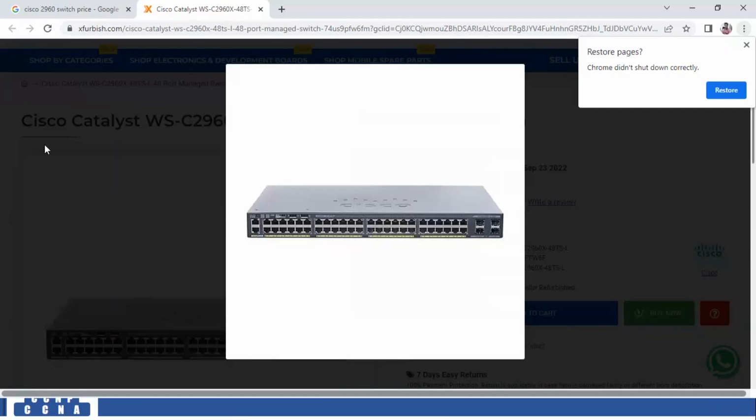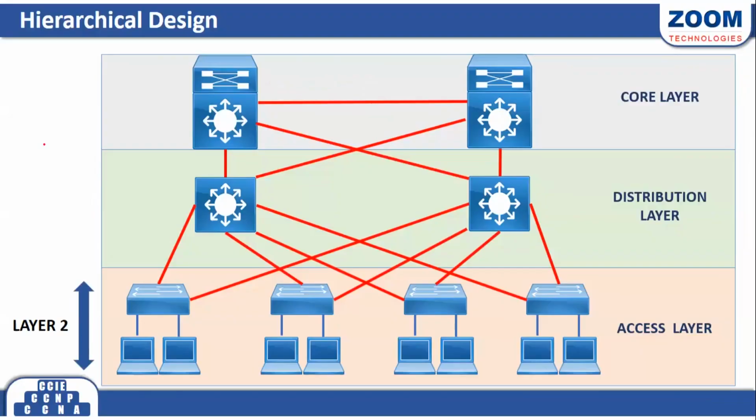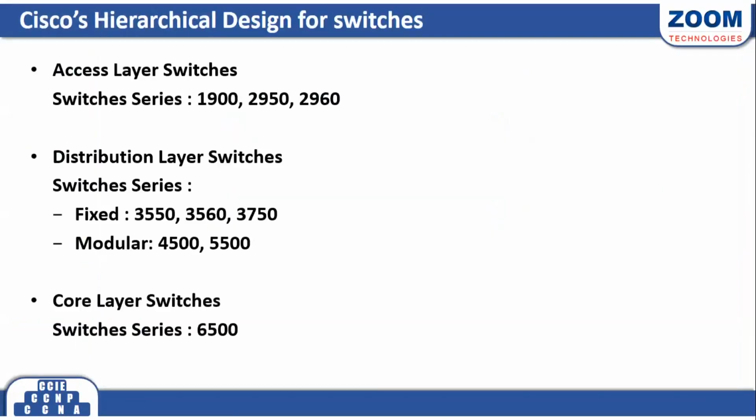Similarly for switches also: access layer switch, distribution switch, and core layer switch. Series 1900, 2950, 2960. Clear?